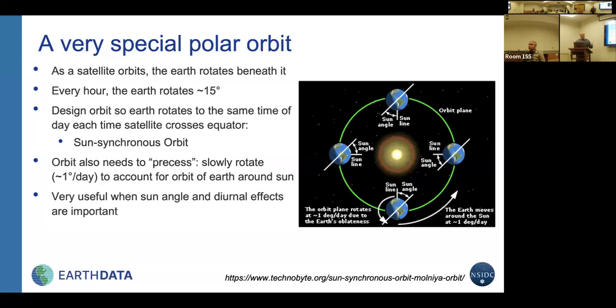So you can design these orbits, and that's done with a variety of different satellites. They have different crossing times, because they oftentimes have a morning and evening crossing time, like MODIS, or the passive microwave AMSR, so they can capture a diurnal effect there.